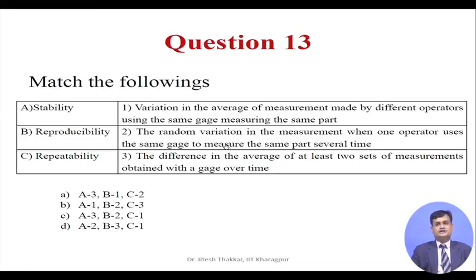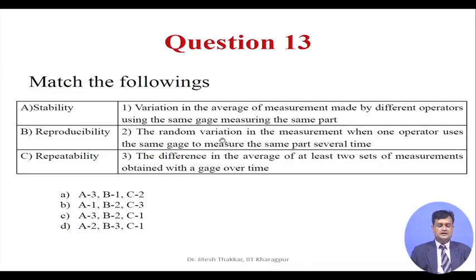Let us look at question 13. Here you are asked to match left hand side and right hand side. On left side you have 3 options: A. stability, B. reproducibility, C. repeatability, and you are given the probable explanation of each particular term on the right hand side as 1, 2 and 3, and you have 4 options A, B, C, D on the screen, and you are supposed to match correctly.